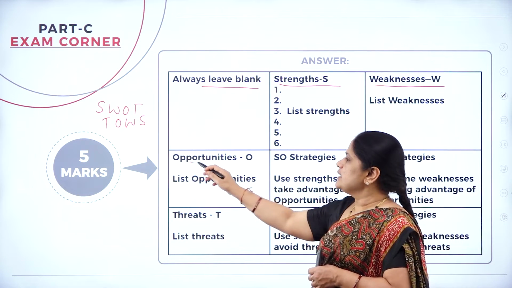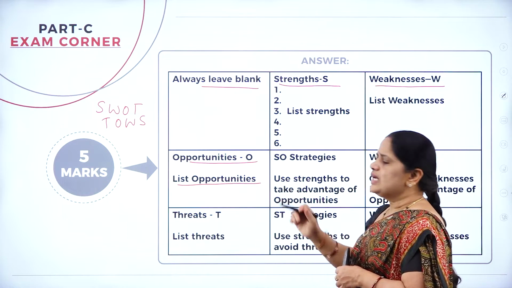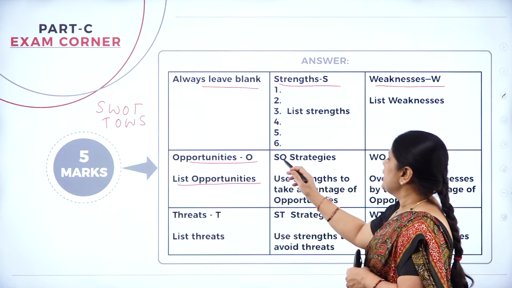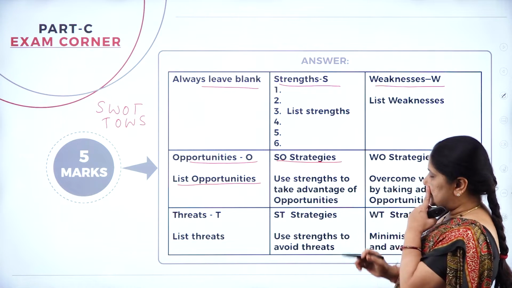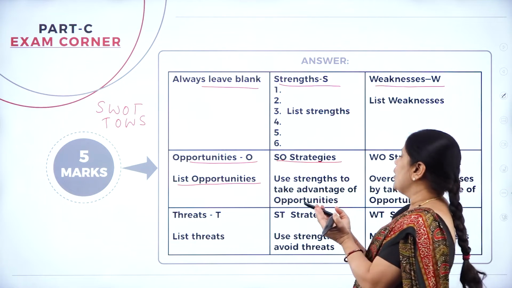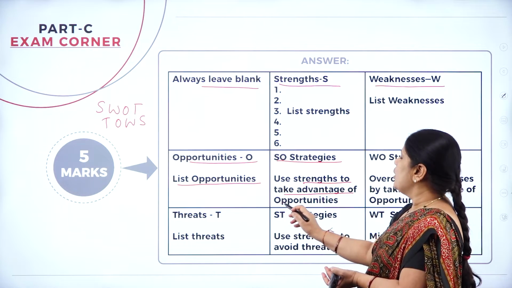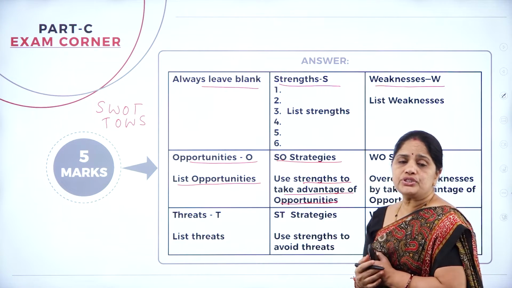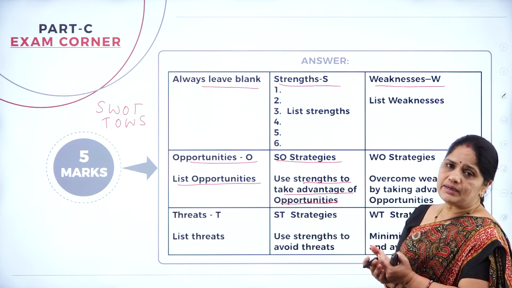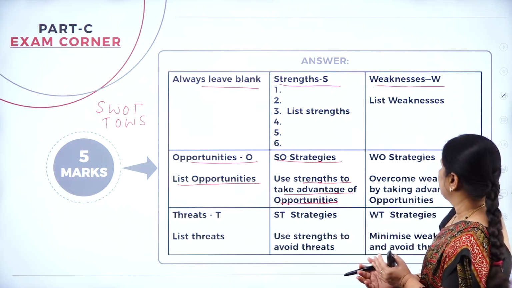Then in this quadrant, we have the opportunities. We list all the opportunities which are available before the company. Then SO strategies, that is you align the strengths with the opportunities. Use strengths to take advantage of the opportunities. What are the opportunities available before the company, and how do you correlate both, or align the strengths with the opportunities?